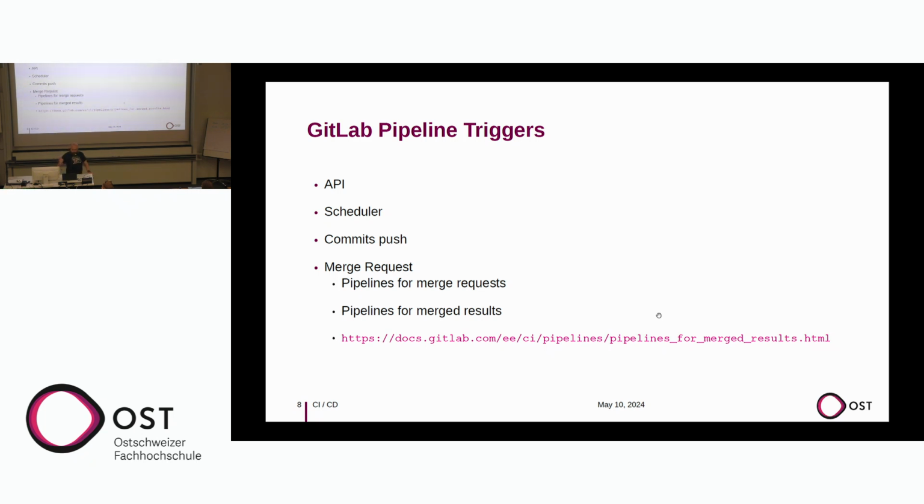Most of the solutions, also GitLab, allow us to import other pipelines or trigger other pipelines. So we can say, if I run this pipeline, I want to execute in this project the pipeline, and I need the artifact from this pipeline, and then I can continue.